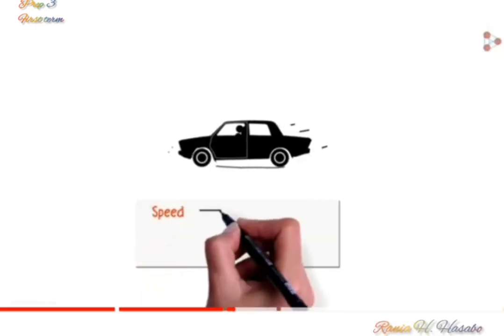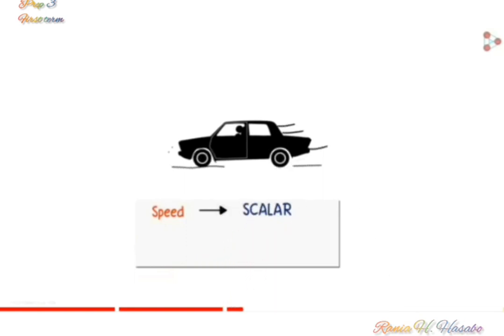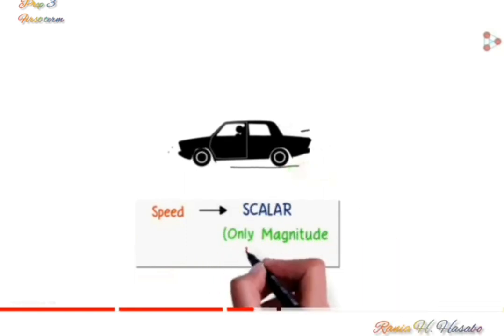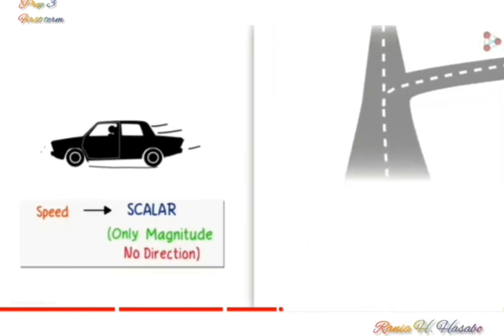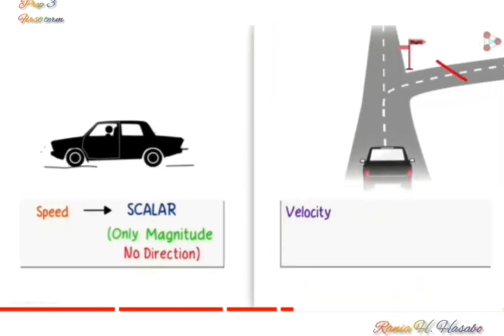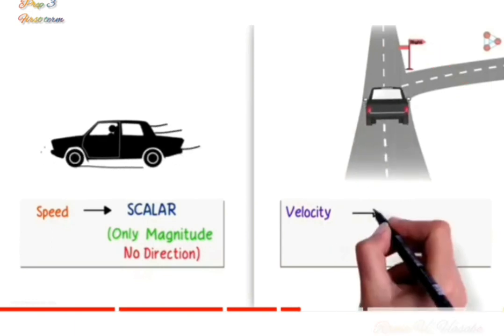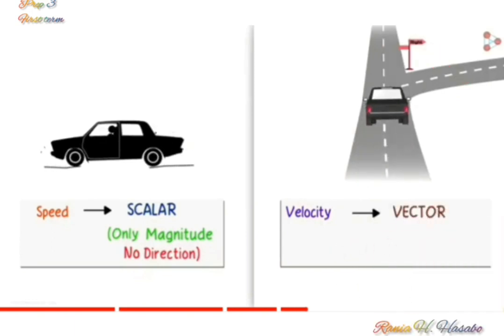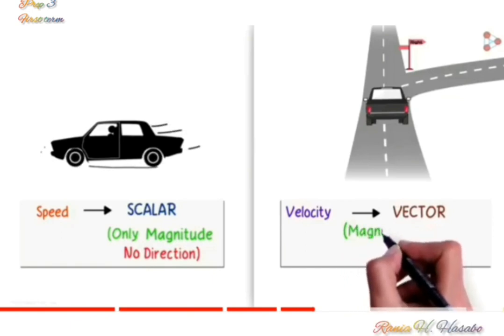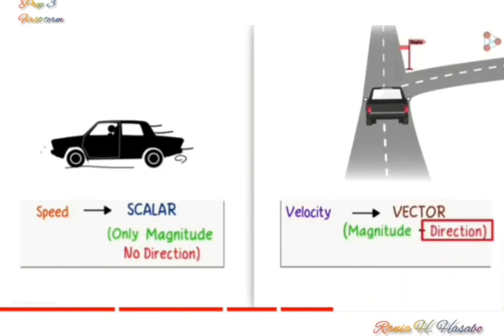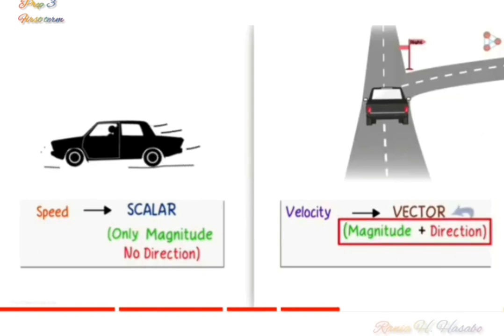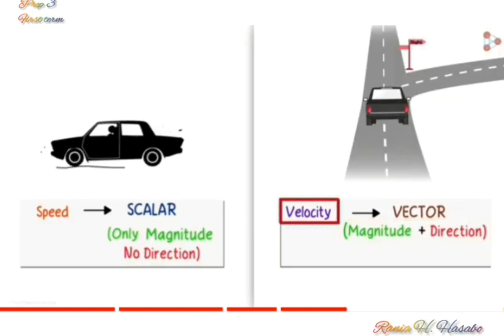Speed is considered scalar physical quantity as it has magnitude and no direction. In case of velocity, however, the direction is stated, so velocity is vector physical quantity as it has magnitude and direction. So any physical quantity has magnitude and direction, it is described as vector physical quantity like velocity.